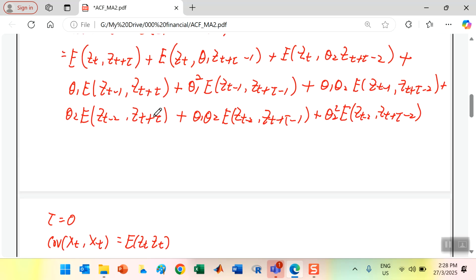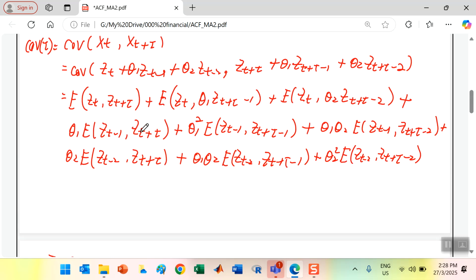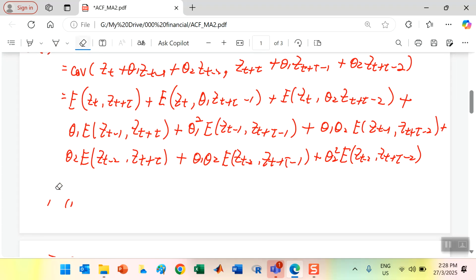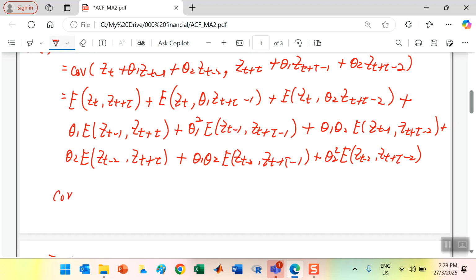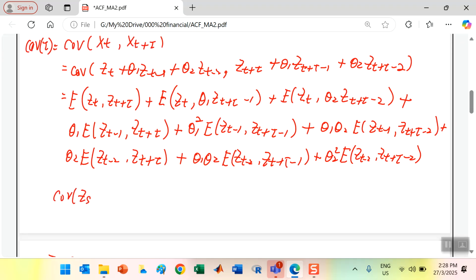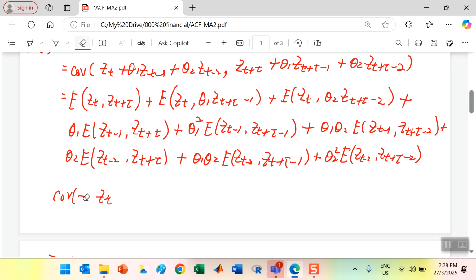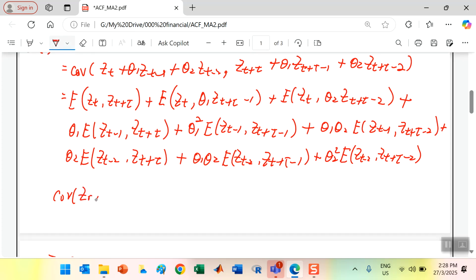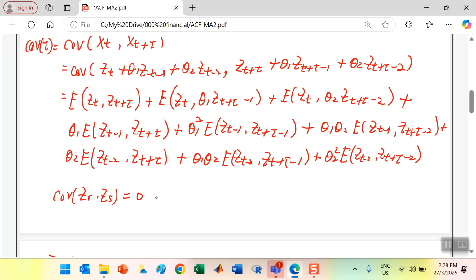So you just check the terms where, we also know that the covariance of zr and zs will become 0 if r is not equivalent to s, right?